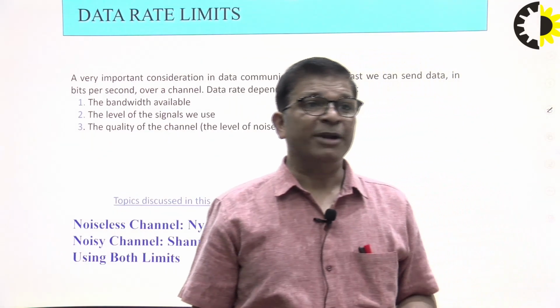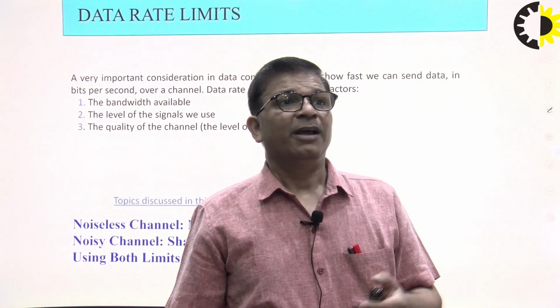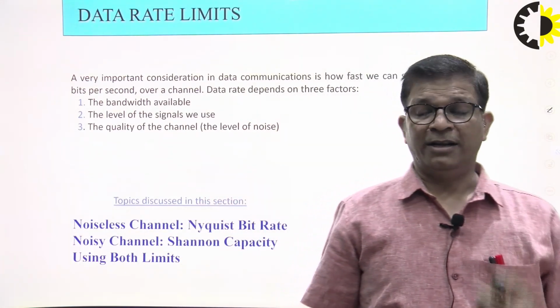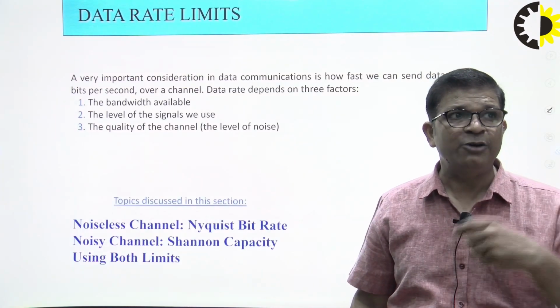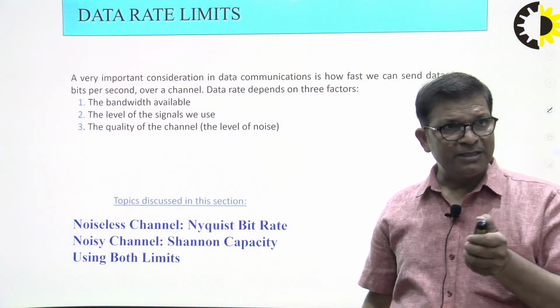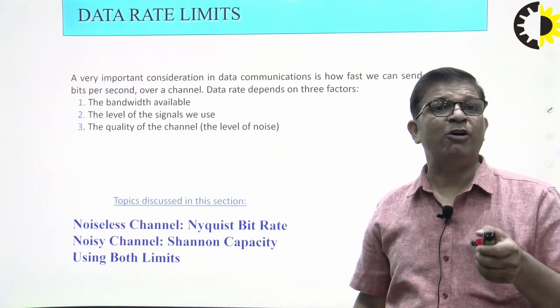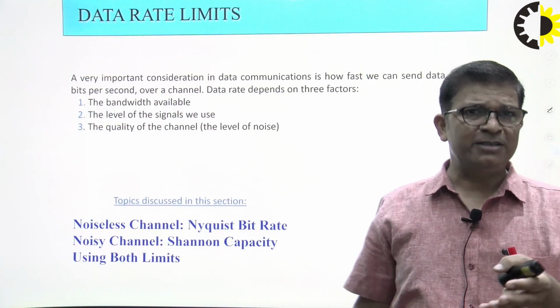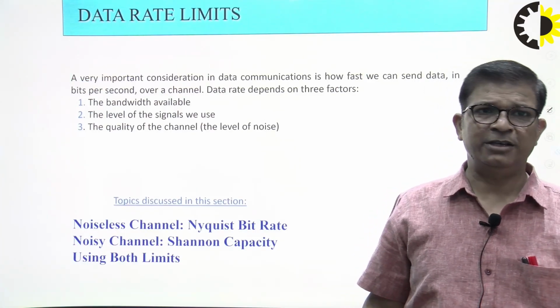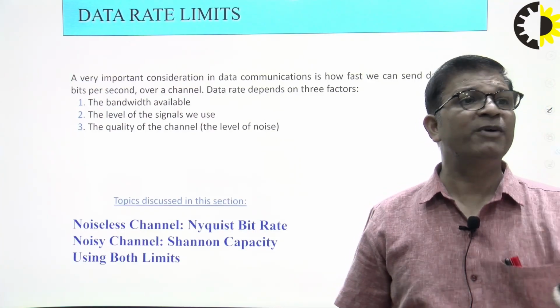So, data rate limit. A very important consideration in data communication in networks is how fast we are sending the data to the other end. It basically depends on the power or bandwidth of the cable. For example, nowadays we are using 6G, so we can say 100 Mbps or 1 Gbps.